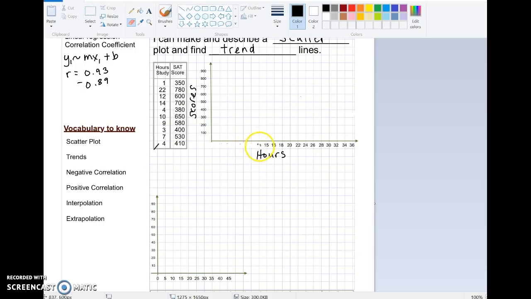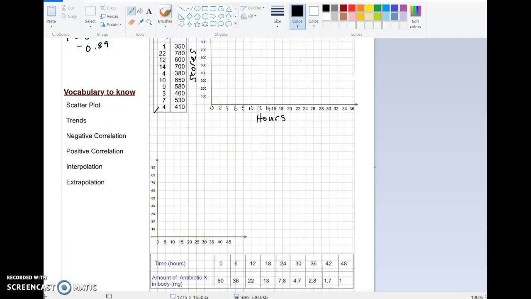So you do the same thing. I didn't really need to erase my 0. My 0 was fine. I just needed to erase the 2, 4, 6, 8, 10, 12, 14. And I've rewritten it, so now my hours have even intervals.